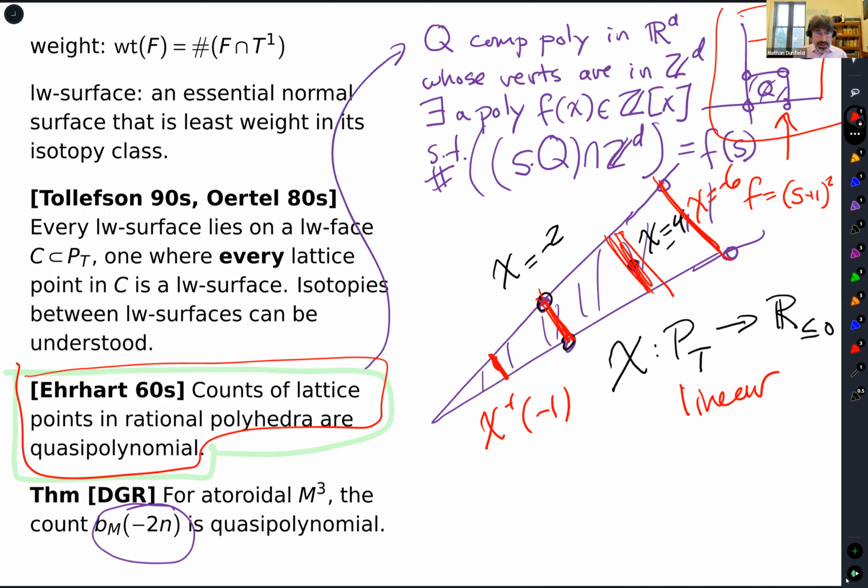And I've kind of hidden this whole issue of isotopies, which is really kind of annoying. Because of the way it works out, you can't just use the work of Ehrhart. We had to use some much more recent theorems in this genre in order to prove the theorem. But I think this is kind of the overall picture.